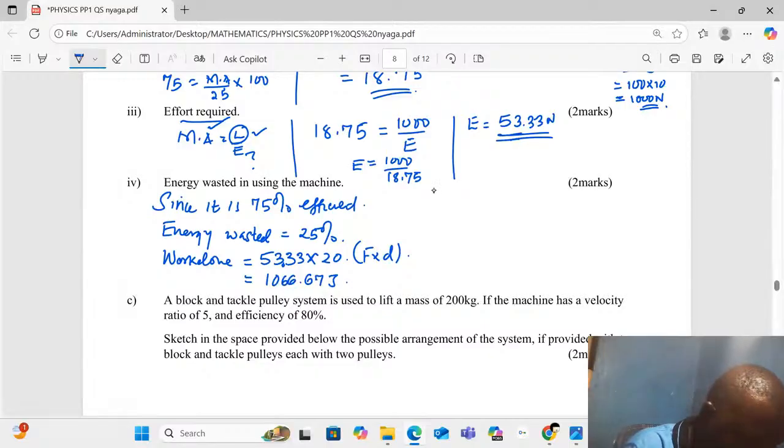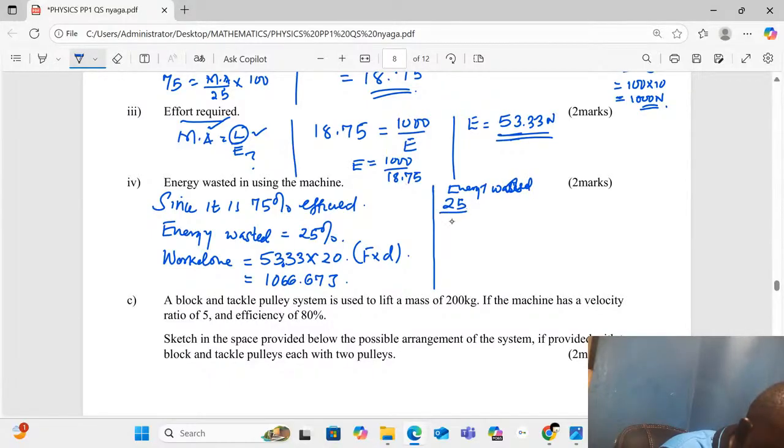Now we need to ask ourselves, what is 25% of this? So the energy wasted will be 25% times 1066.67.